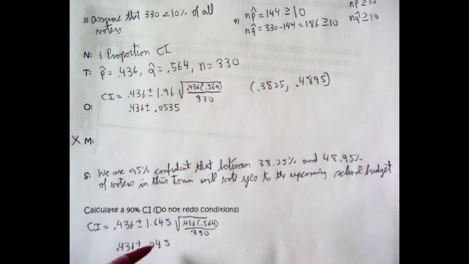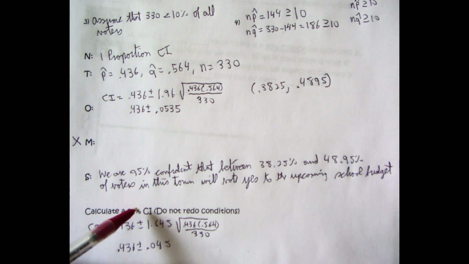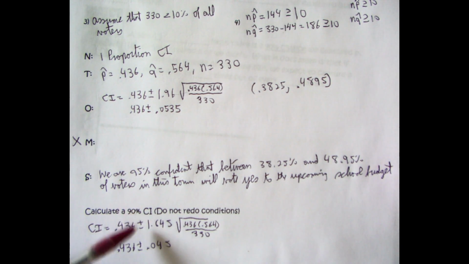So what happens here? Your interval is going to be narrower. Okay, you're going to have a smaller interval, hence you're less confident. Okay? So you're not as confident, okay, but you have a narrower interval. Okay, so what we're trying to do here is we're trying to be a little bit more precise.